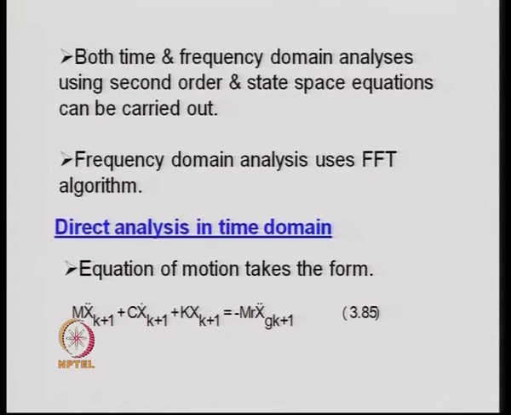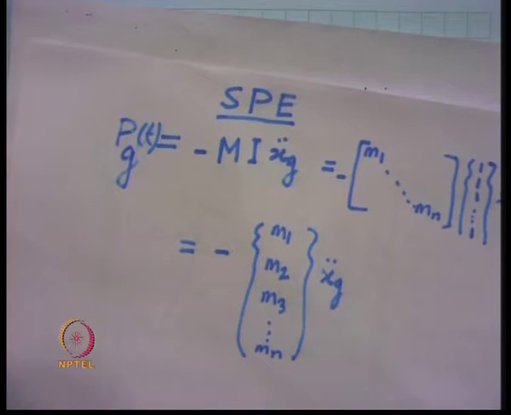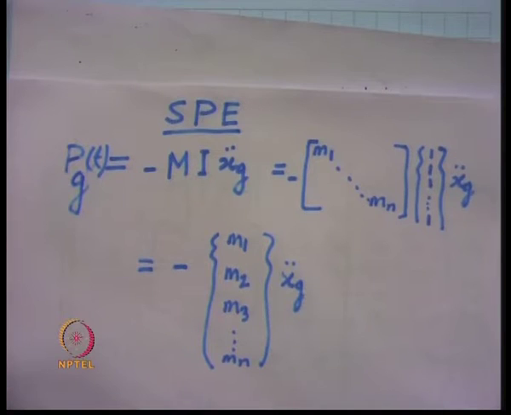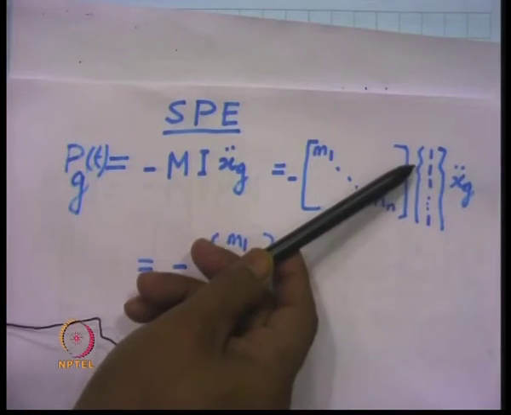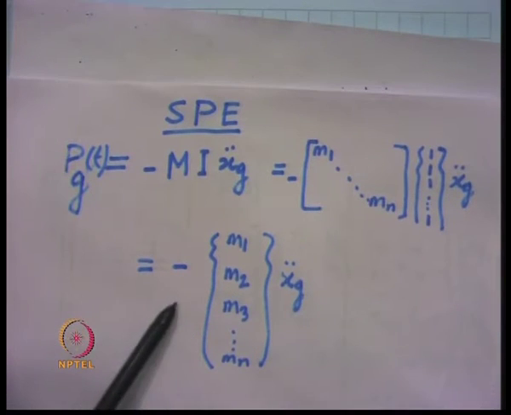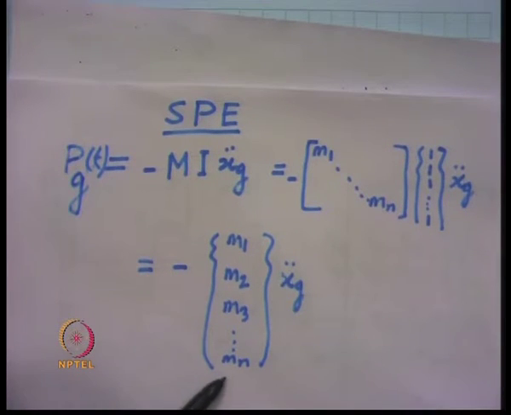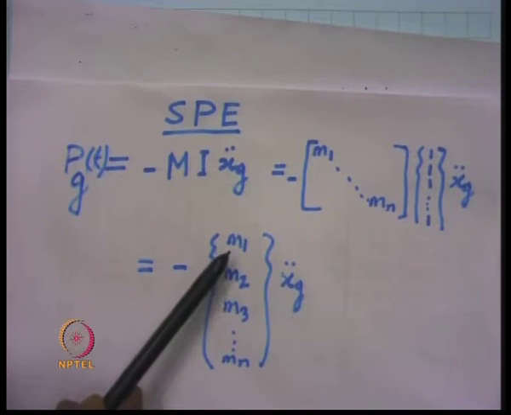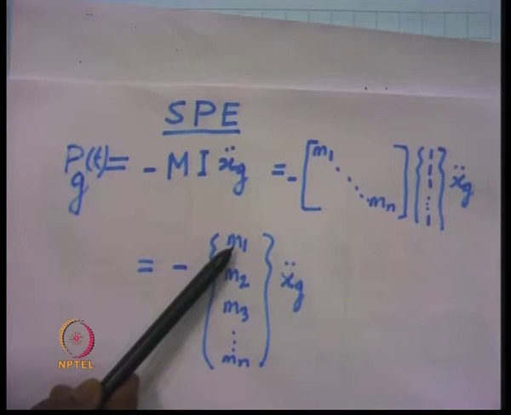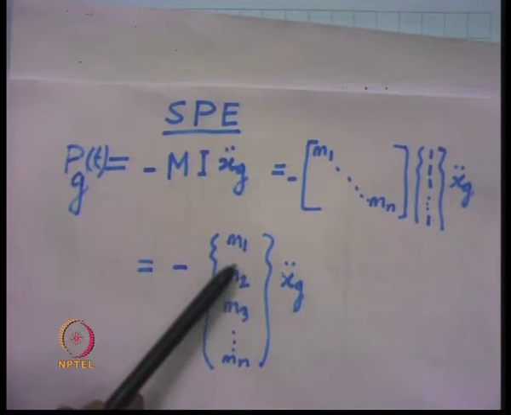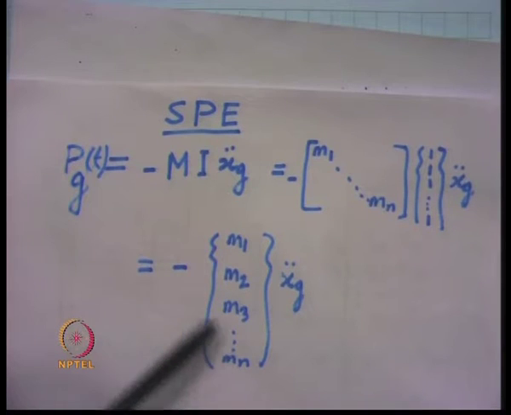And this is discussed over here. If it is a single point excitation system, then minus M I x double dot G is the right hand side force vector, and if we expand it, M is a diagonal mass matrix, and I is a vector for the multi-storey buildings, 1 1 1 1, into x double dot G. That gives a right hand side load vector as minus M1 M2 M3 up to Mn into x double dot G. So, we have n number of forces, and each component of this force vector is M1 x double dot G, M2 x double dot G, M3 x double dot G, and so on.